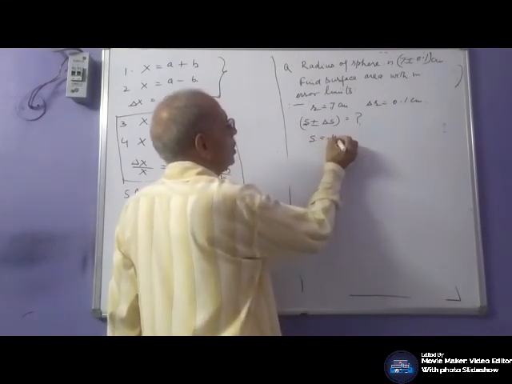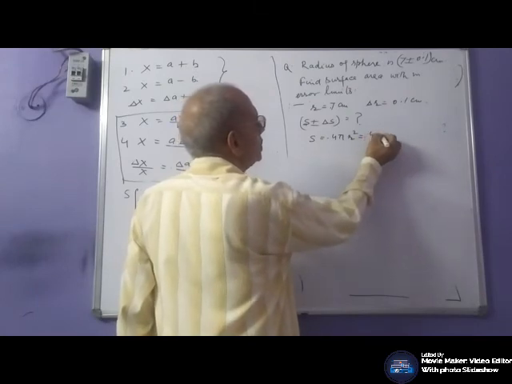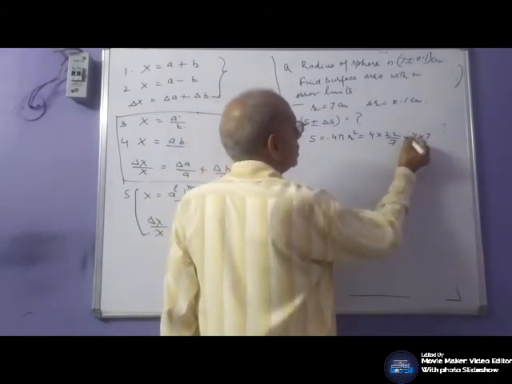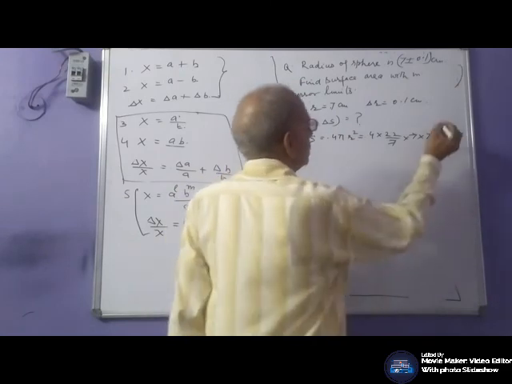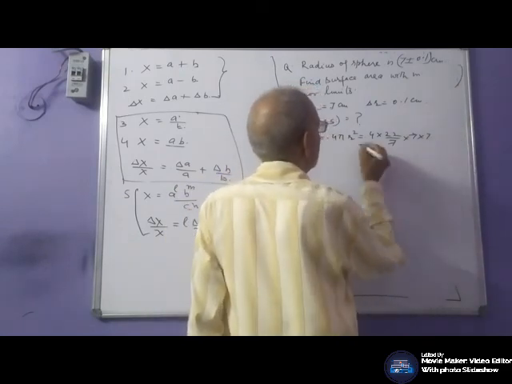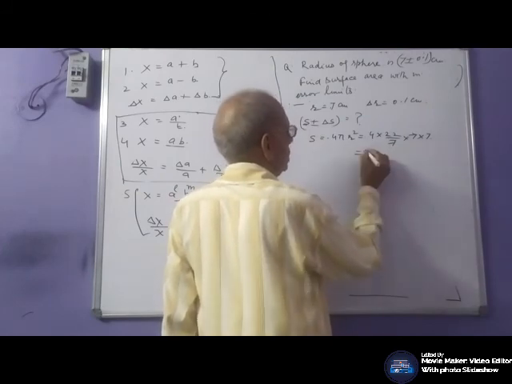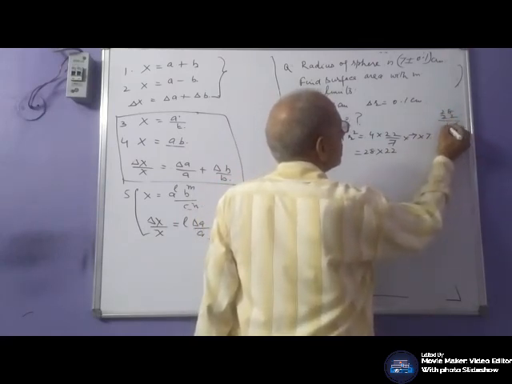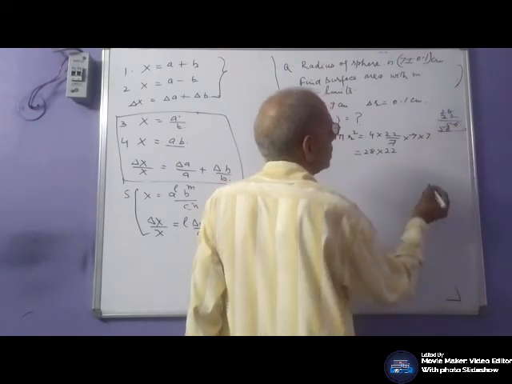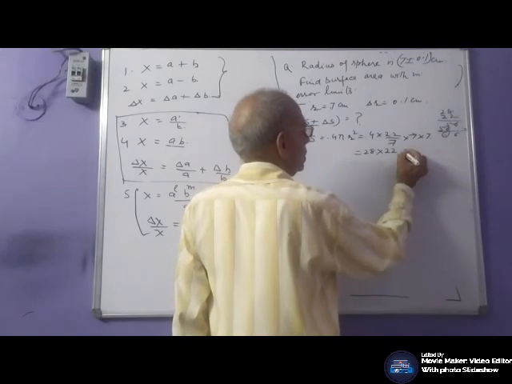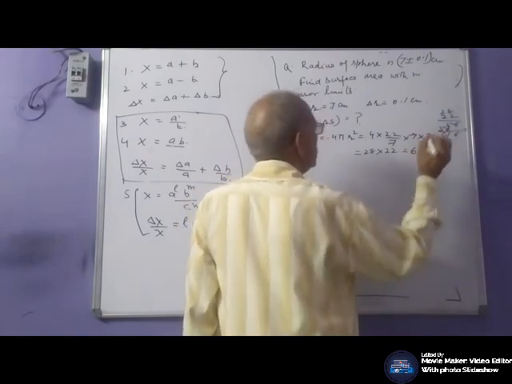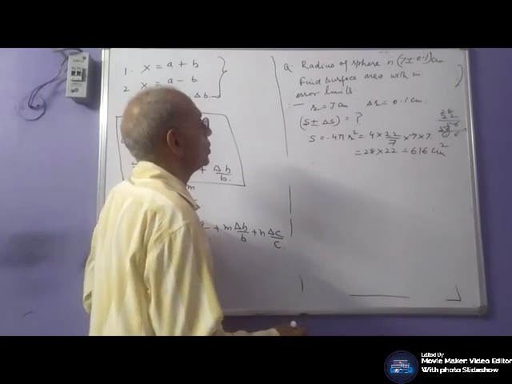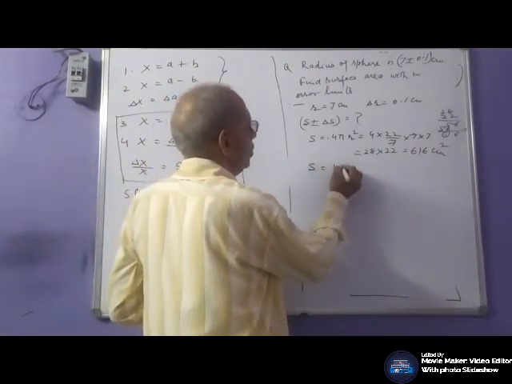S is 4 pi r square. It is 28, 22, centimeter square. Now delta S. S was what? 4 pi r square.